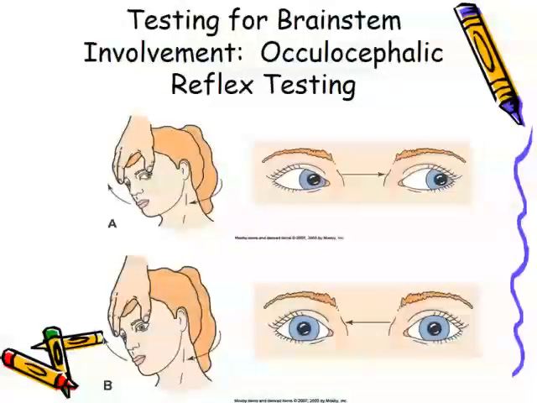With this particular one, the patient's head is turned back and forth, and a normal response is that the eyes move to the left as the head is briskly rotated to the right. If the eyes do not move as the head is turned, but passively follow the head and turn in the direction that the head is being moved to, that's considered an abnormal response, and that patient has suffered some neurological impairment.